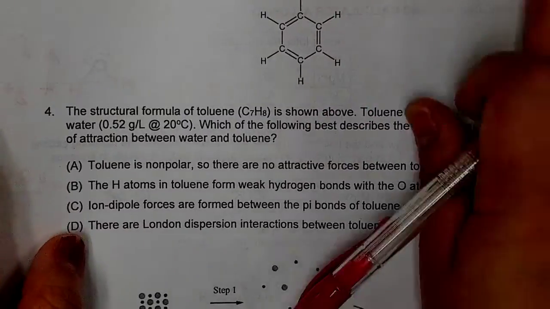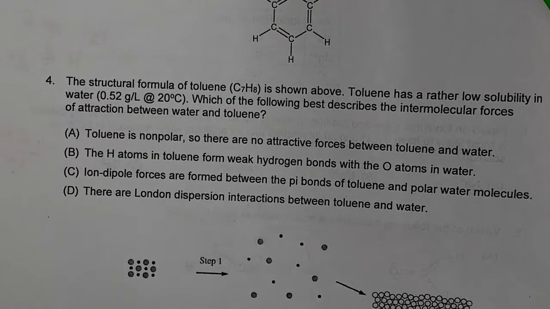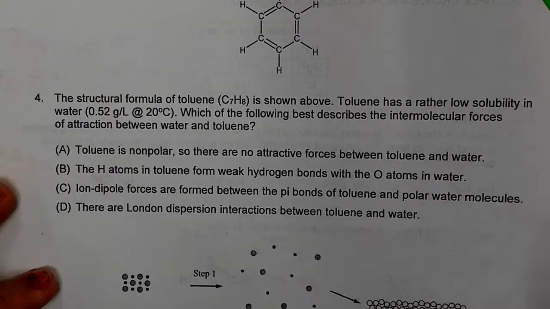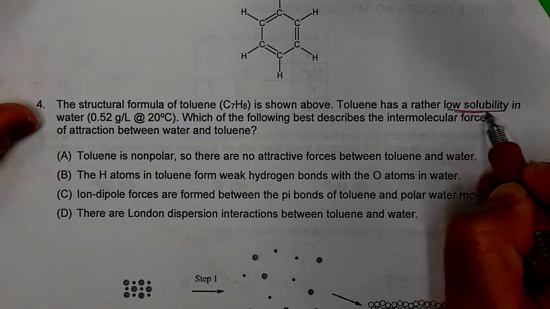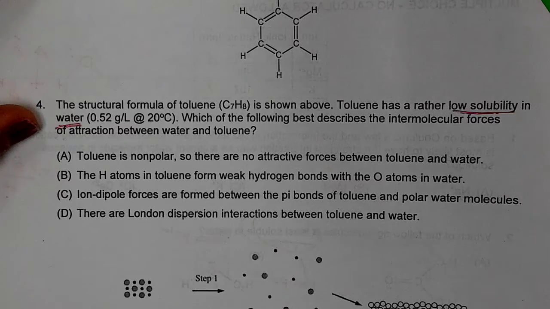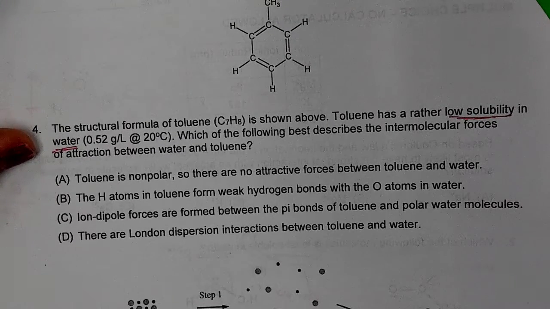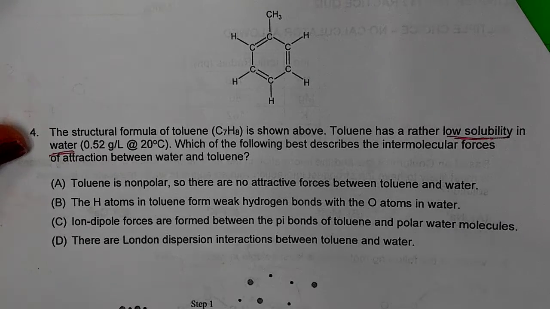What's going on with number 4? All right. The structure is toluene. You see it here. It has rather low solubility in water. What does that signal? What do you think? It's probably not as polar, probably non-polar, or maybe not as polar, even if it's polar.